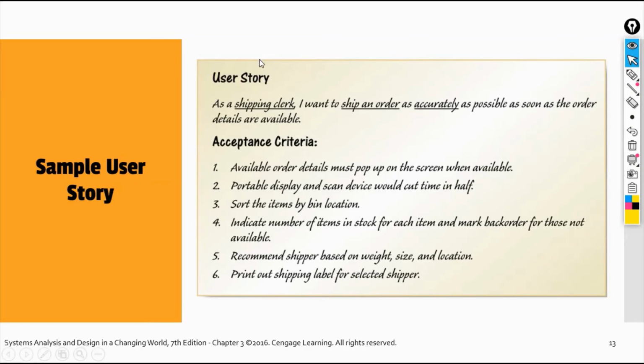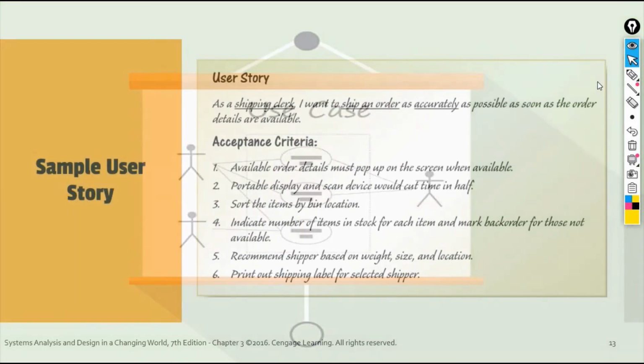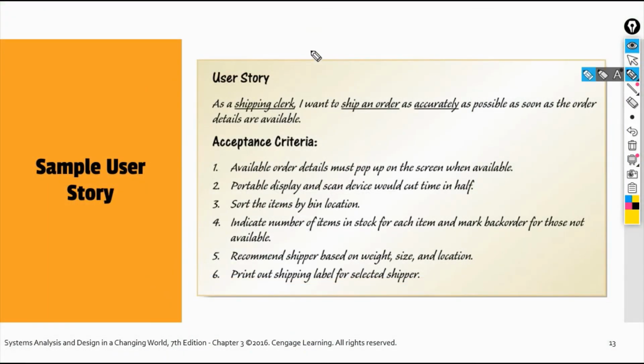So this figure right here shows a user story for a shipping clerk responsible for shipping the items on a new order for RMO. As you can recall about our fictional company, the RMO. So this is for the shipping.